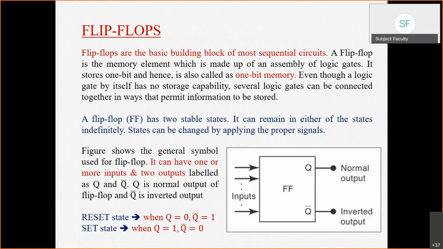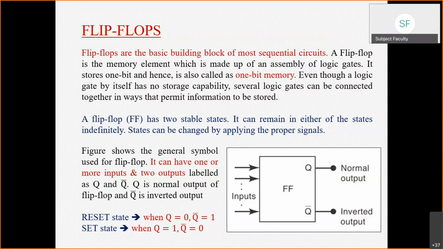These terms are quite often used. If a given flip-flop is reset, it implies that the normal output Q is 0 and Q bar is, of course, 1. Complement of 0 will be 1.